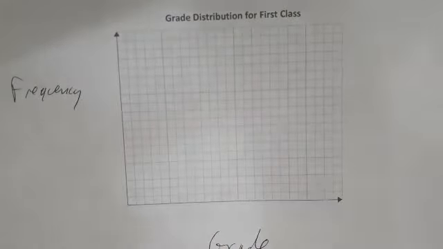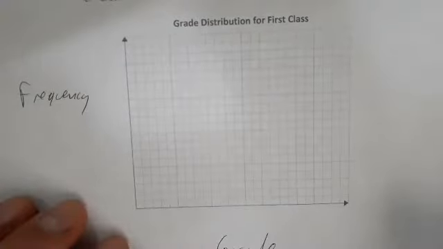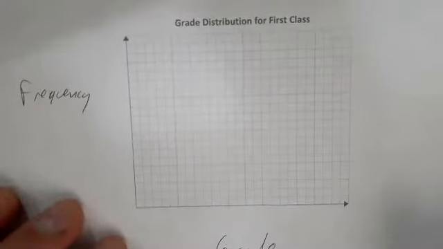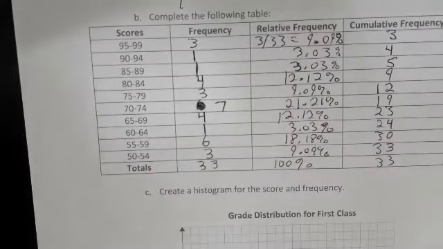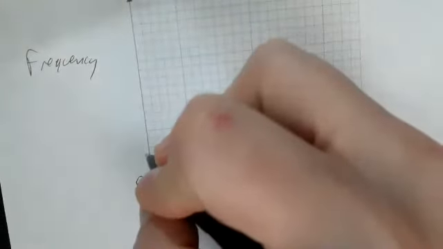Okay. So my frequency. How do I need to go? I don't even know. I need to go up to 7. So I think I'm going to go every 2 of them. So if I start up here, I'm going to go up 2.